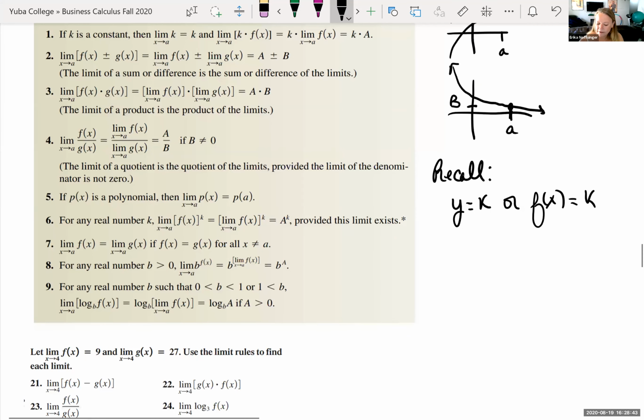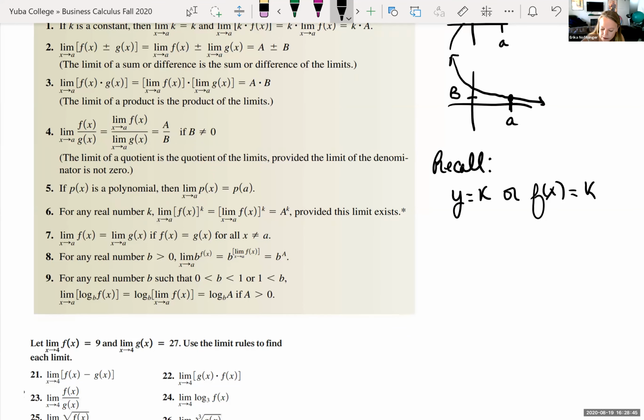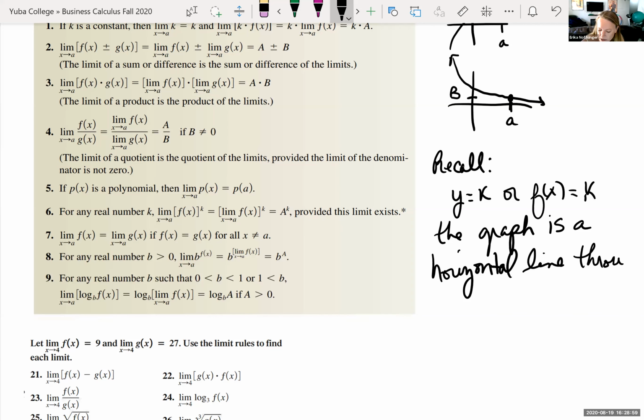So y equals k or f of x equals k, the graph is a horizontal line through y equals k. So maybe this is k here, and our graph is just a horizontal line through k.